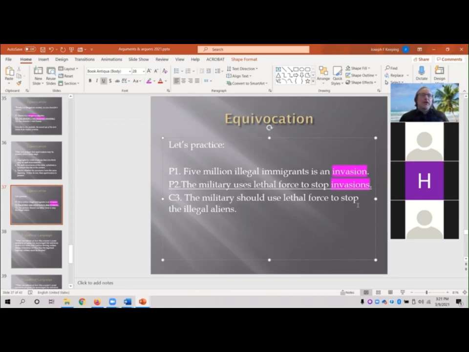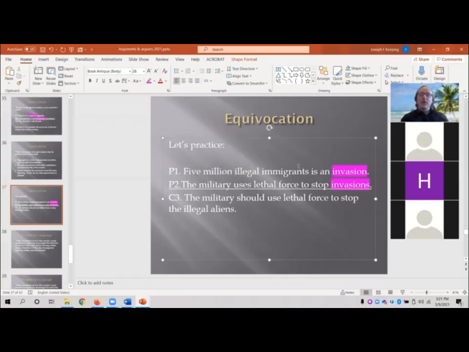It ought to be intuitive. A key term is a word or a concept that you can tell is important in the argument. So for instance, this number 5 million isn't a key term. The argument would work exactly the same way if it were 1 million or 10 million or 200,000. So it's not a key term.